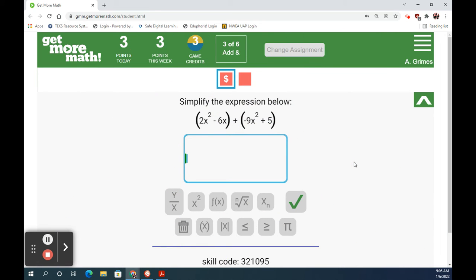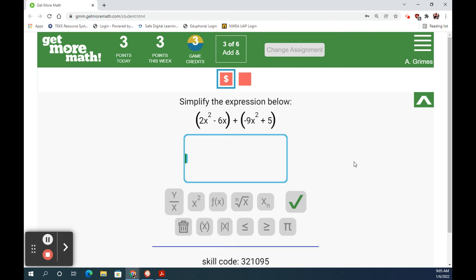This brings up a good point here that I want to talk about. 2x squared minus 6x plus (negative 9x squared plus 5). All right, everybody got that down?